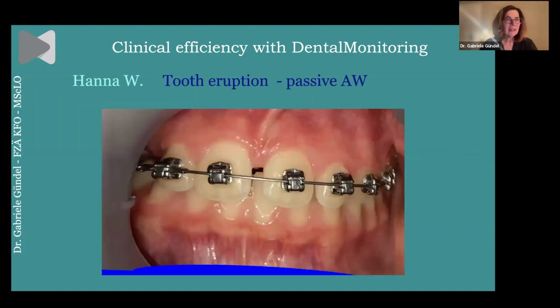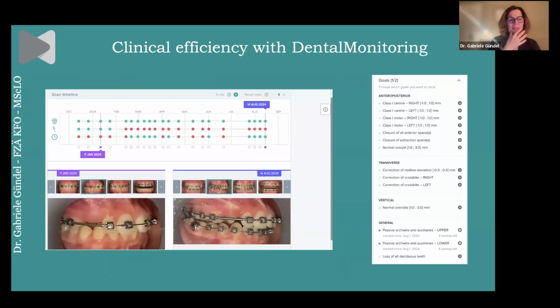The next clinical example I would like to present is the passivity of the arch wire and tooth eruption also. So look at this patient. Here, we are waiting. We have this appliance and we have opened up the space. And here we do nothing except waiting for this tooth.